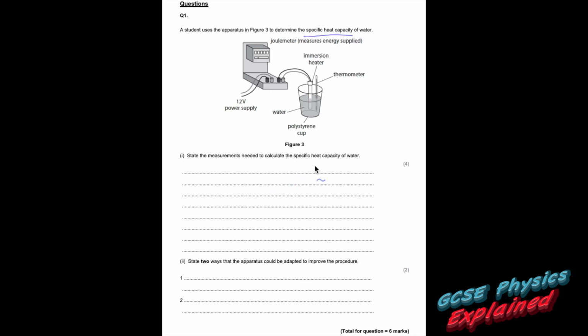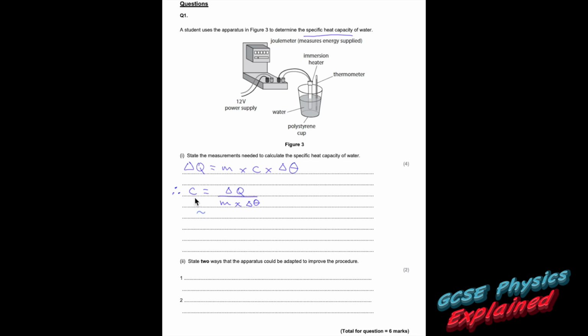The change in heat energy is equal to the mass times the specific heat capacity times the change in temperature. So if we rearrange that, C, the specific heat capacity, will be the change in heat energy divided by the mass times the change in temperature.